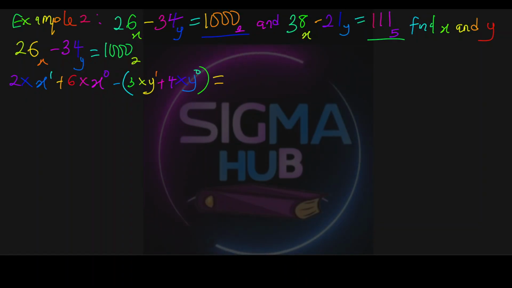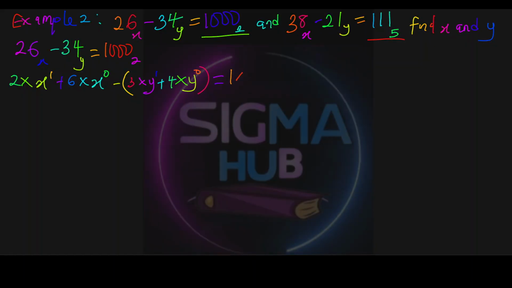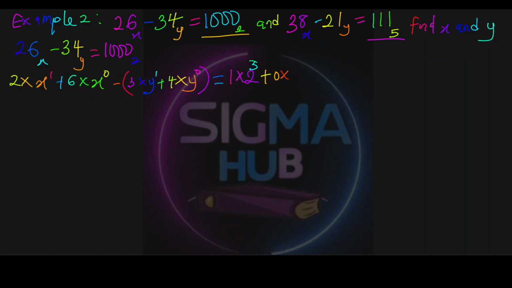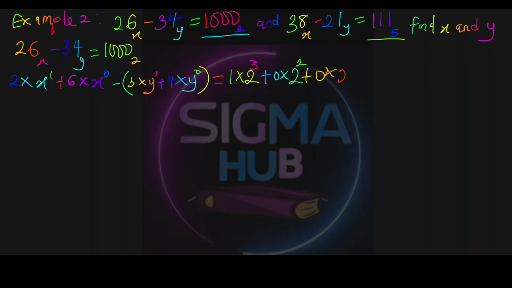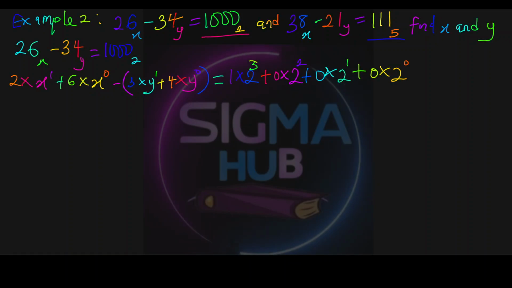Everything equal to, converting this base 2 to base 10 also, 1 times 2 raised to power of 3 plus 0 times 2 raised to the power of 2 plus 0 times 2 raised to the power of 1 plus 0 times 2 raised to the power of 0.